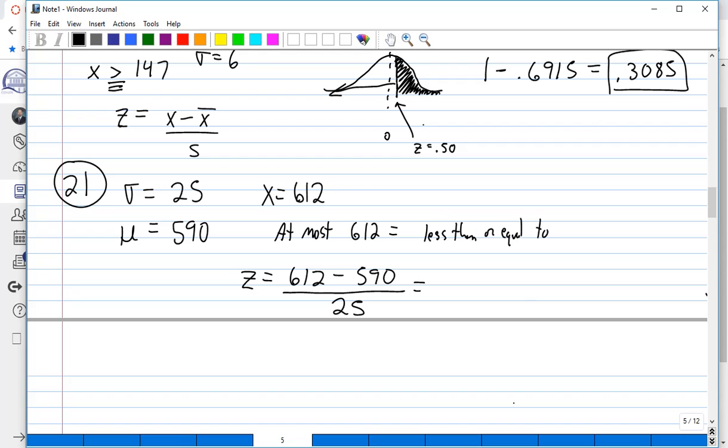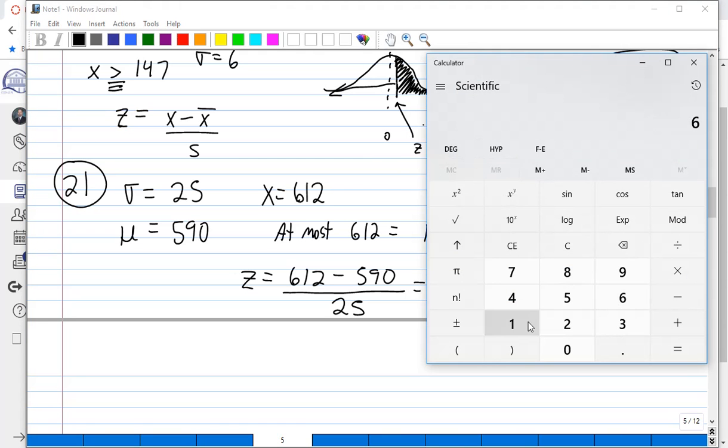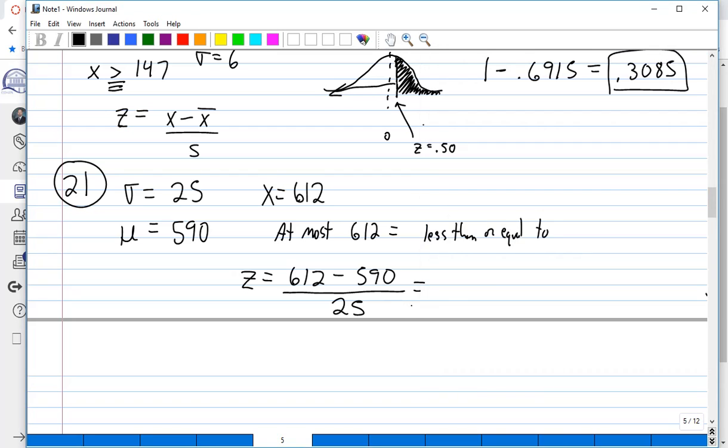So let's punch that in the calculator and round it to two places. So 612 minus 590 divided by 25. That's 0.88. So it was already rounded to two places. So 0.88. That's my z-score. So somewhere under this curve, right here in the middle, remember z equals 0.